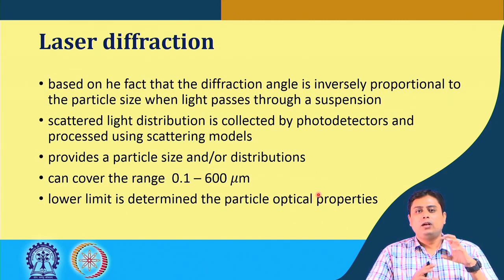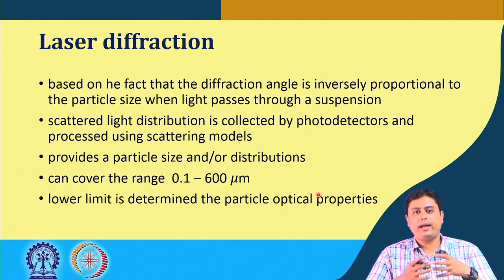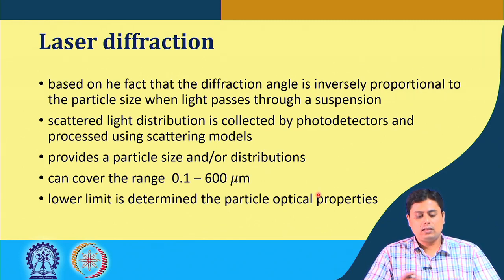All these scattered lights are then collected and processed in a photodetector, and there are several scattering models available to process those signals. Then it provides the particle size and its distribution.